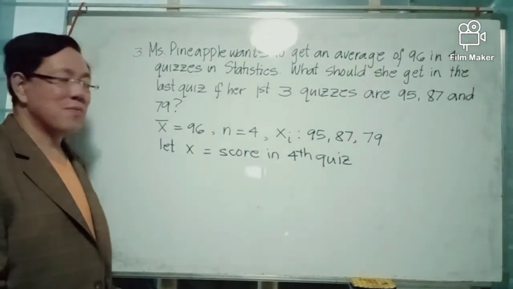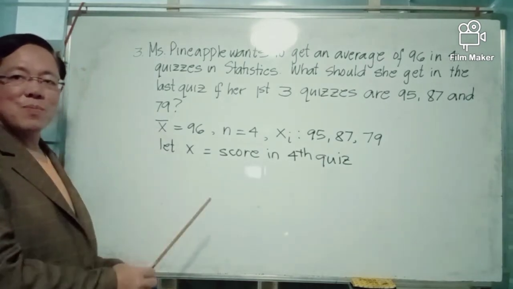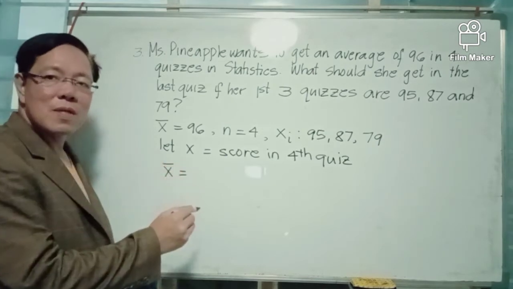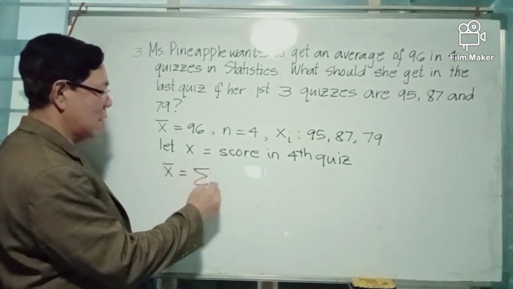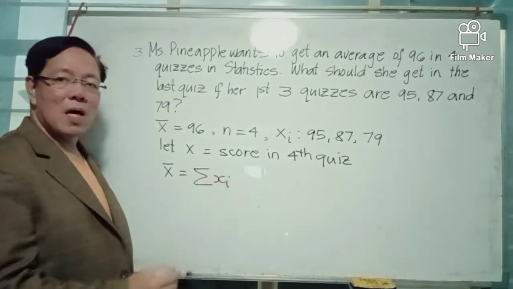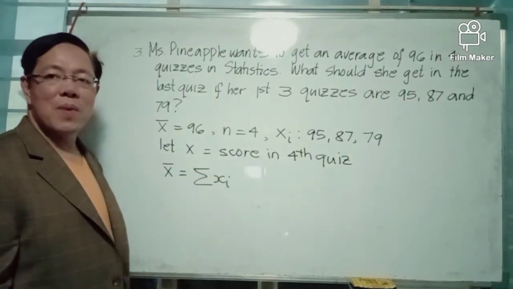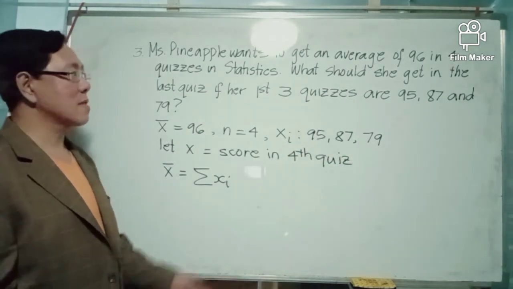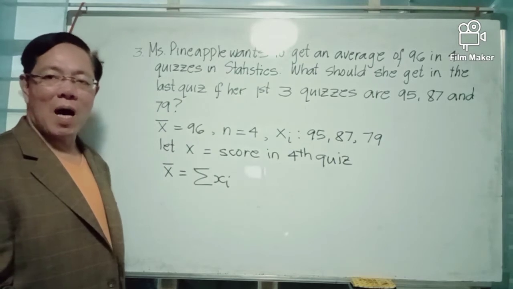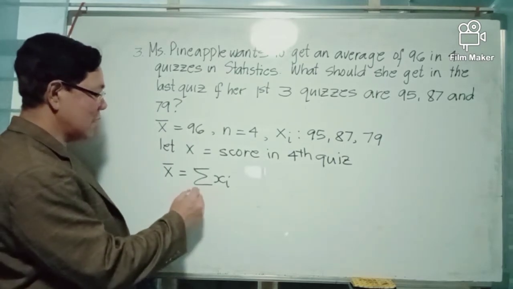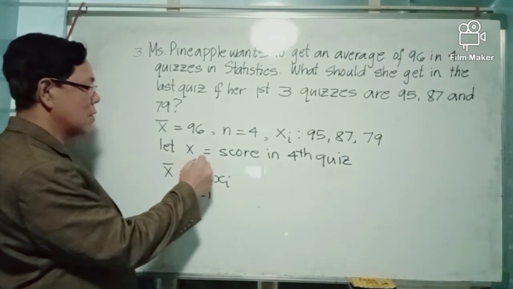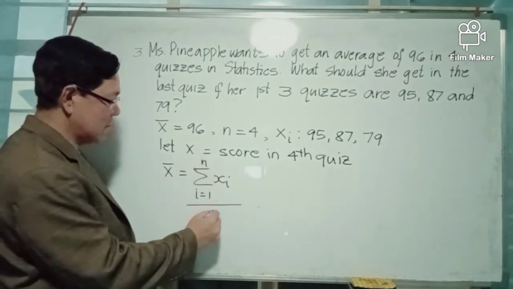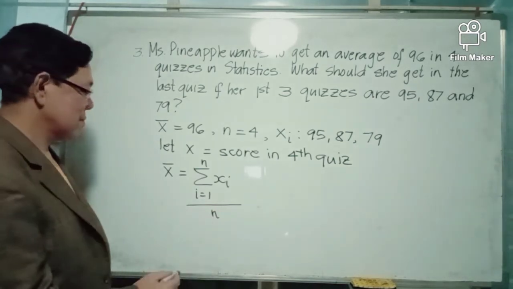Again, we write the formula for the mean x bar. X bar equals the summation of the values x sub i. In this example, the values are the scores in the 4 quizzes in statistics of Miss Pineapple, where i is 1, 2, up to n, and n is the sample size, and it is the divisor.